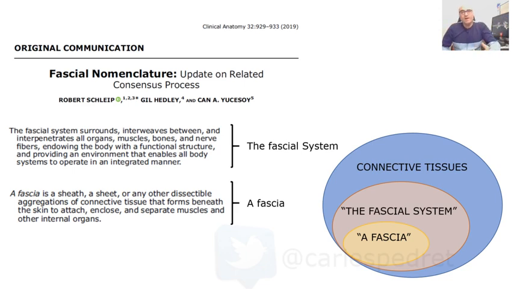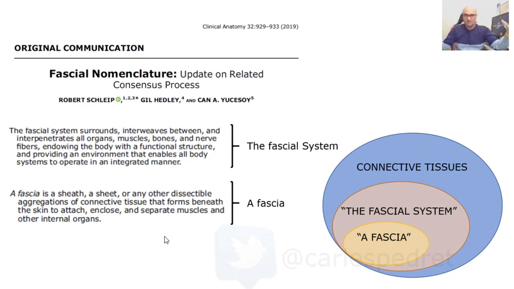So it is really important to differentiate these two concepts, the fascial system and a fascia. When we speak about fascial injuries, in my opinion, we talk about a fascia, and we still don't know exactly what the implication is. The fascial system is all the fascia that surrounds, interacts between, and interpenetrates all organs, muscles, bones, and nerves.